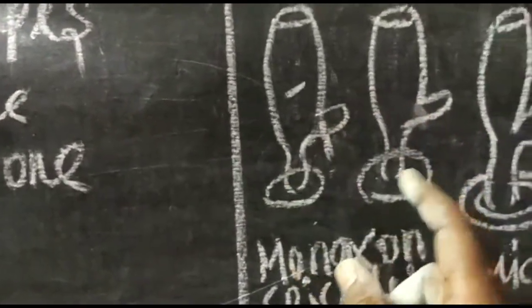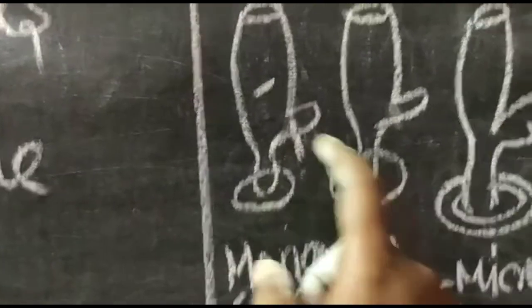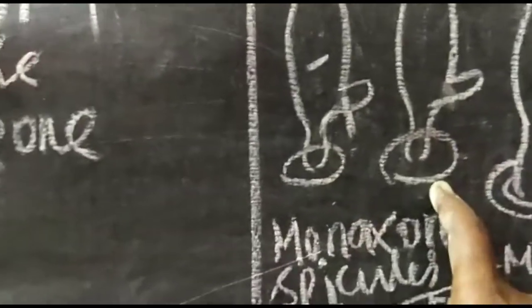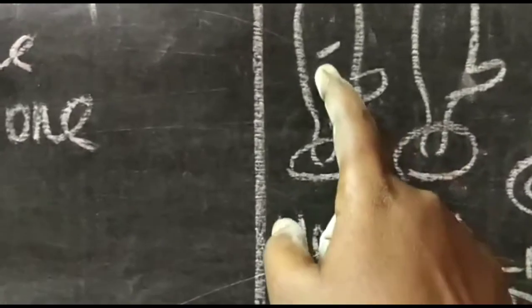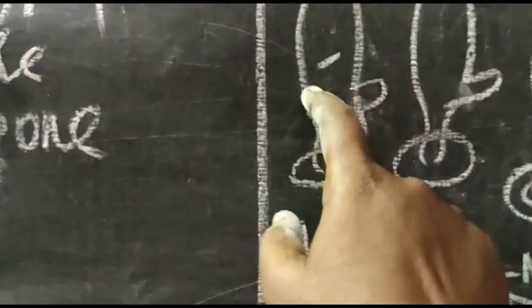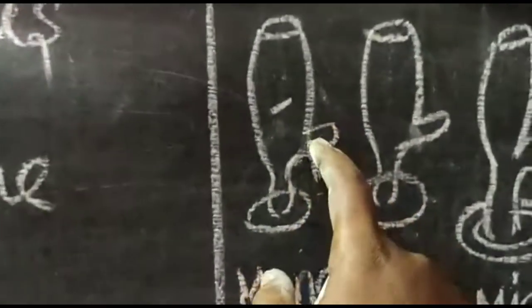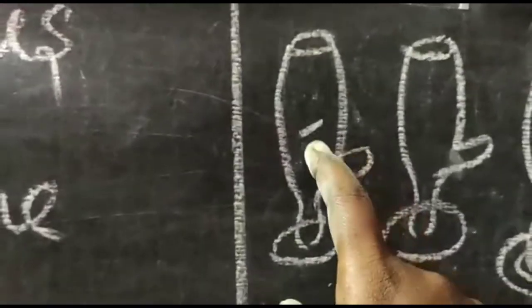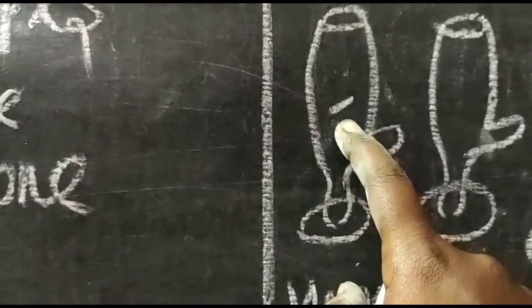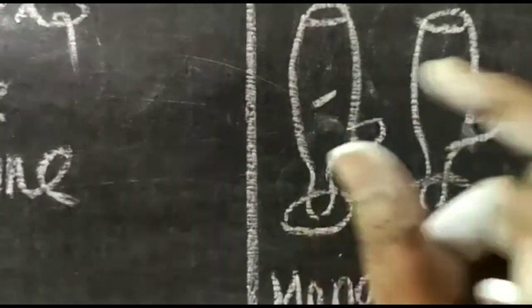Simultaneously, the ectoderm and endoderm, where inside means endoderm and outside means ectoderm, are pushed out to form a bud.